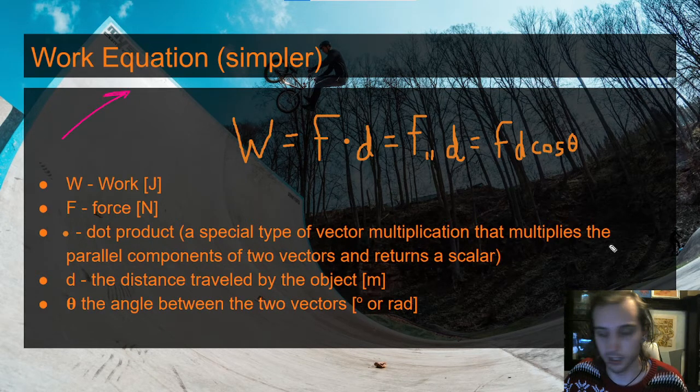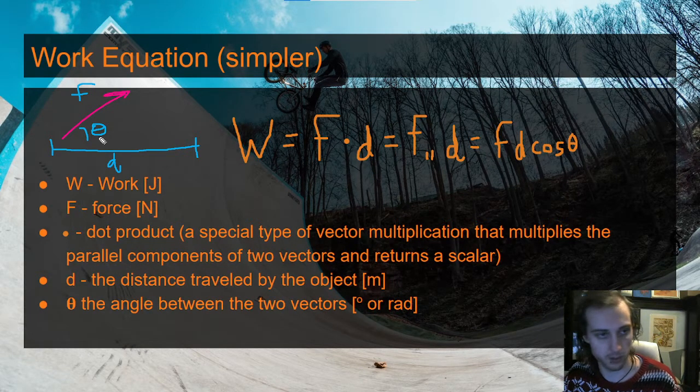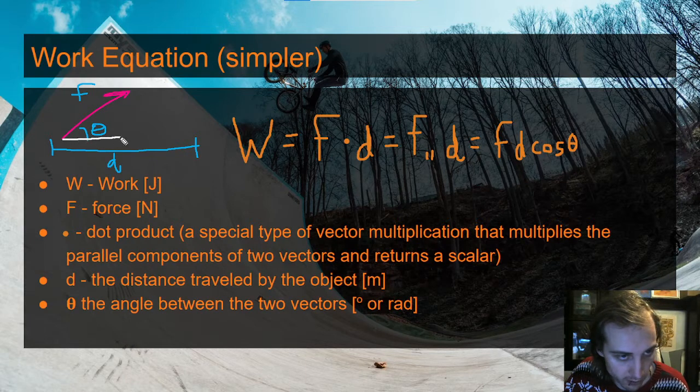if you've got a force, and you've got a distance that the object travels while that force is pushing it, there should be an angle between those two things. And if you want to find the component of force, let's pick a color that's not going to be bad for red-green colorblind people.